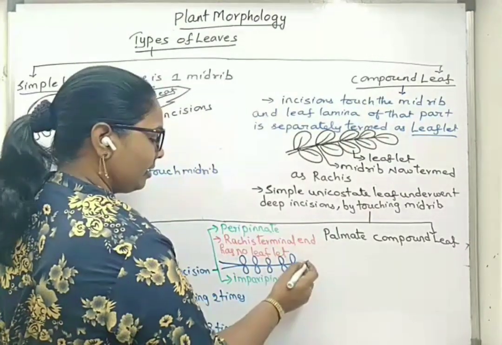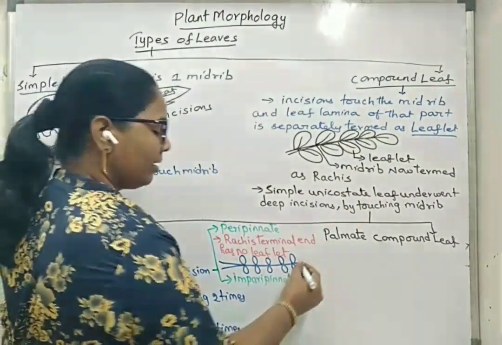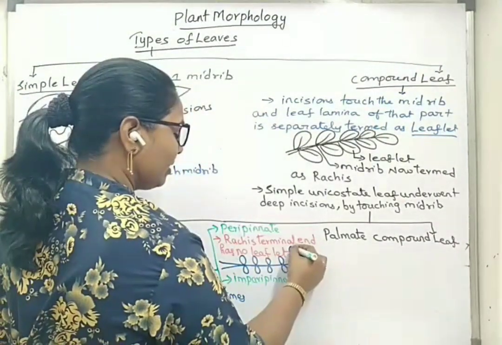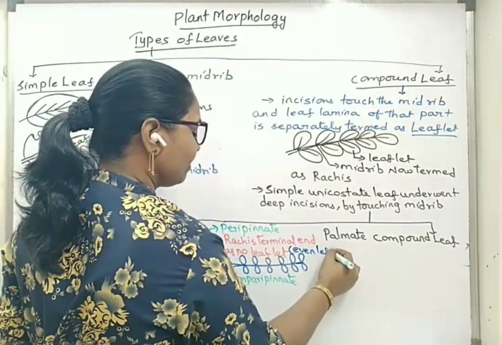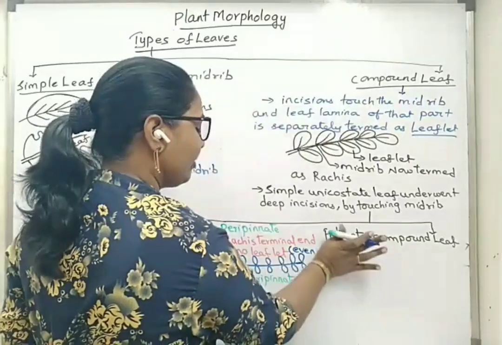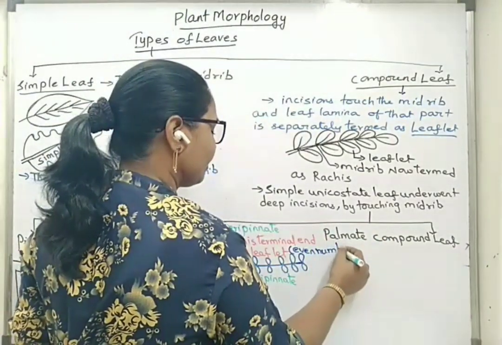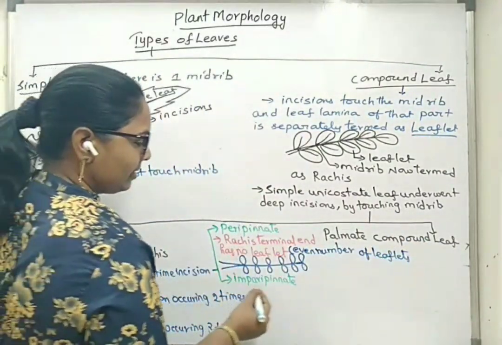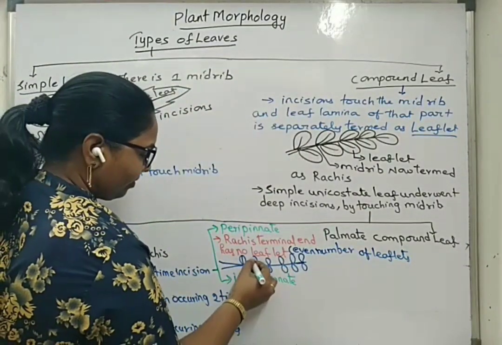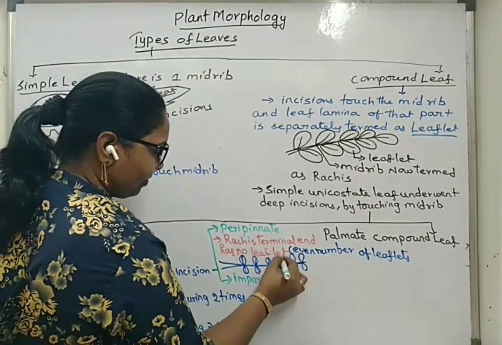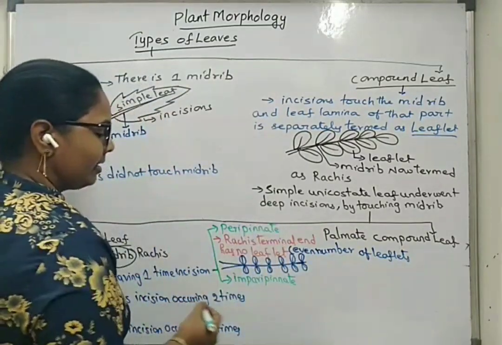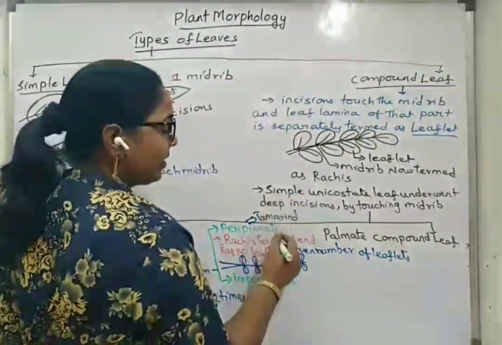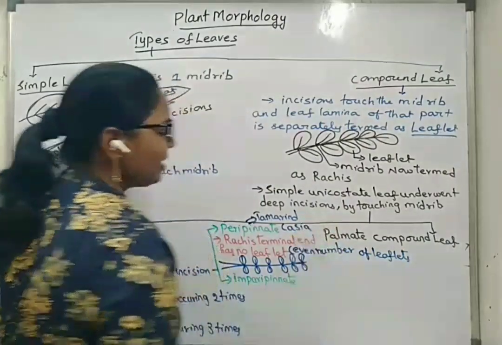But here, at the tip, there are always pairs, so we can say it has no terminal leaflet, and an even number of leaflets. Leaflets like this. You write an example: tamarind is one example and acacia is another example.